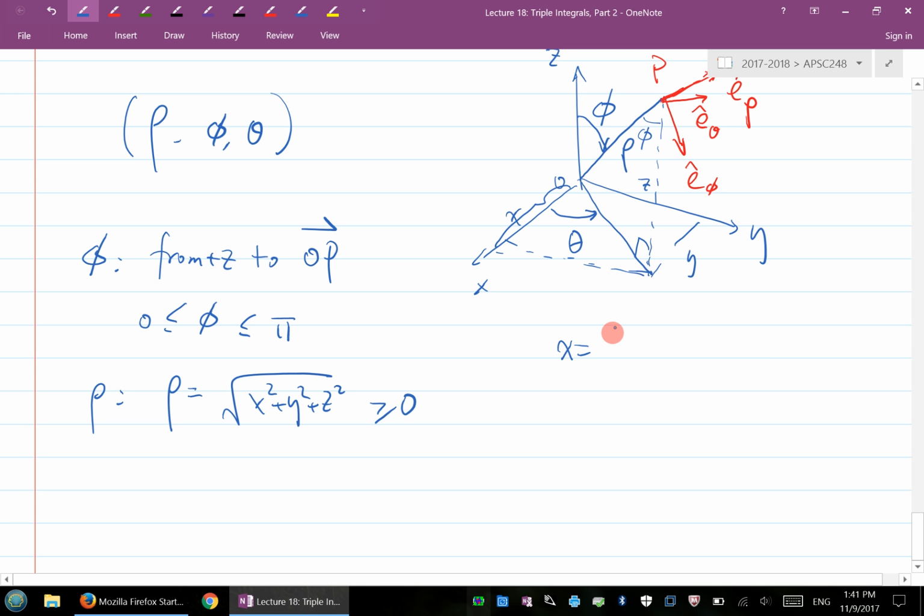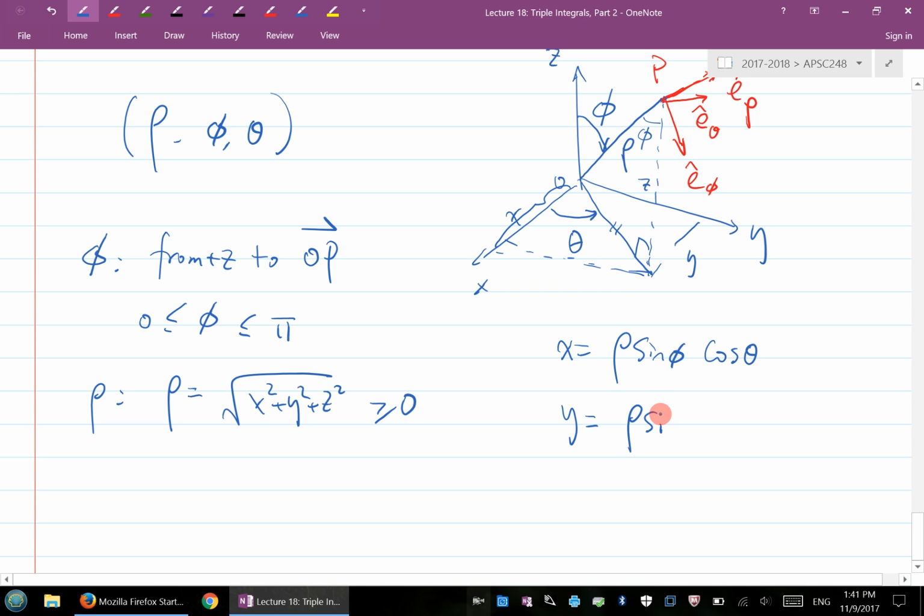Your rho is the length of the hypotenuse here. So this section here is rho times sine phi. Here's theta, and then times cosine theta. So x equals rho times sine phi times cosine theta.